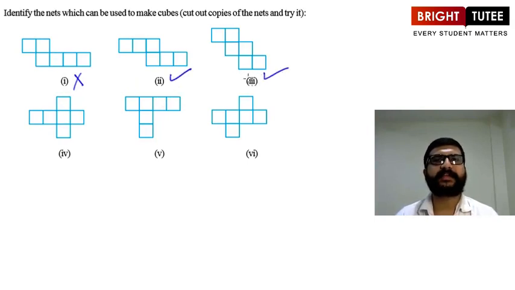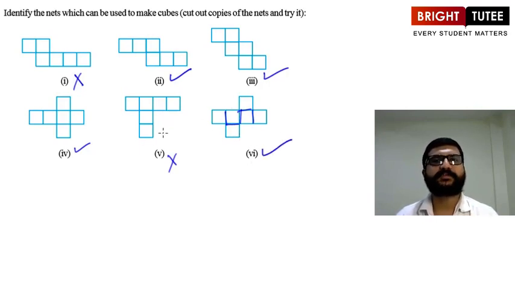Similarly, from the third one also we can get a cube. From the fourth one also we can get a cube, but from the fifth one you will not be able to get a cube. And from the last one, if you fold along the edges or these lines which are drawn here, then you will be able to get a cube.